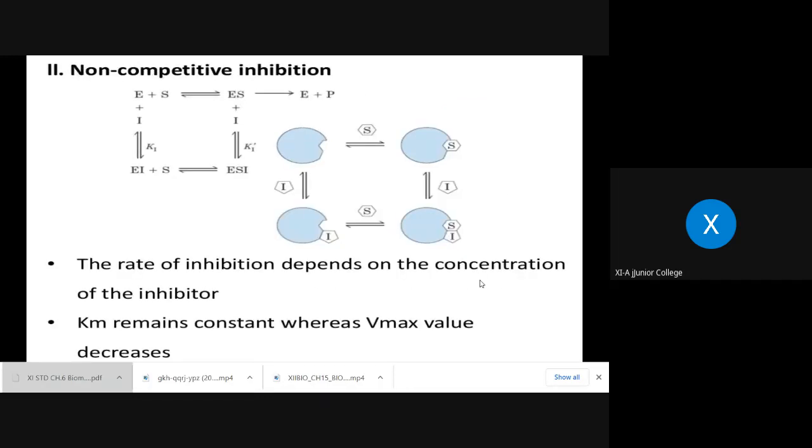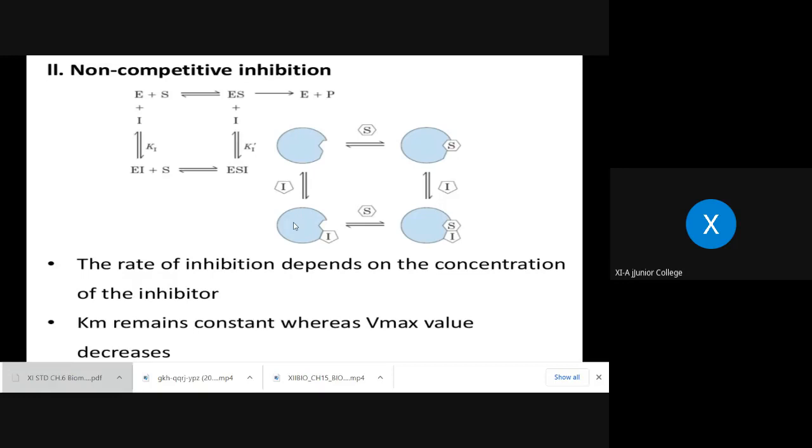Now, what is non-competitive? In this case, the rate of inhibition depends on the concentration of the inhibitor. It doesn't depend on the shape. Generally, competitive inhibition occurs because of the similar shape of the inhibitor and the substrate.